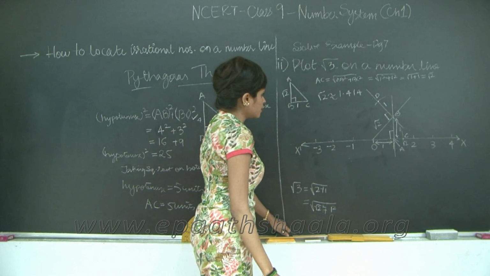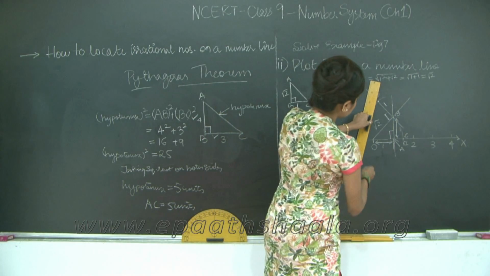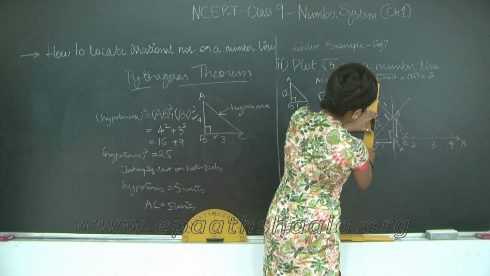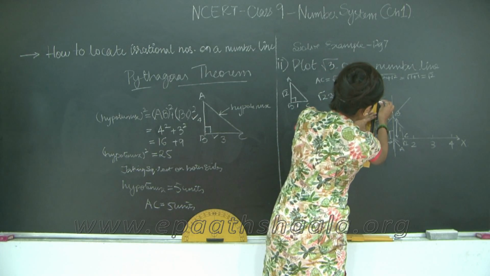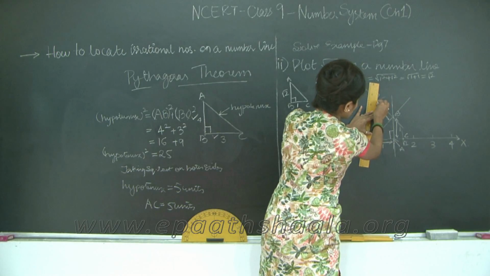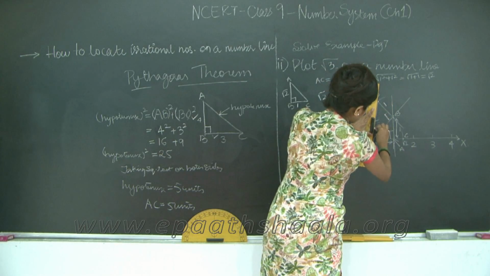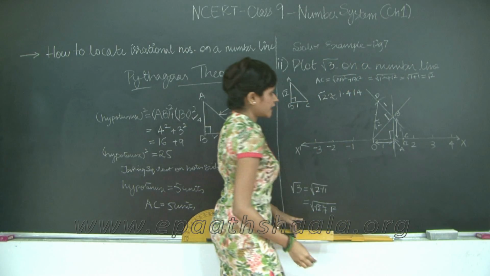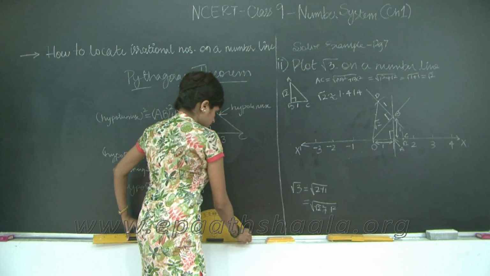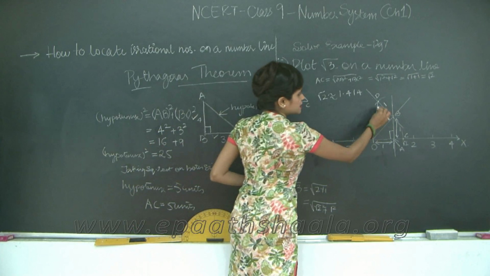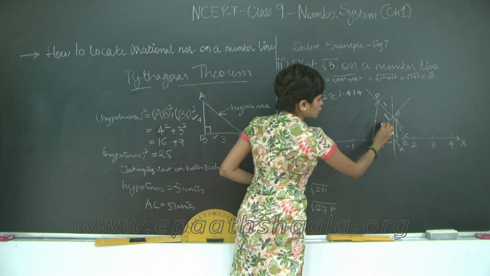Now if you take your ruler and draw this triangle OBD, that is I am joining points O and D, right? I have joined points O and D. So this was root 2 over here.